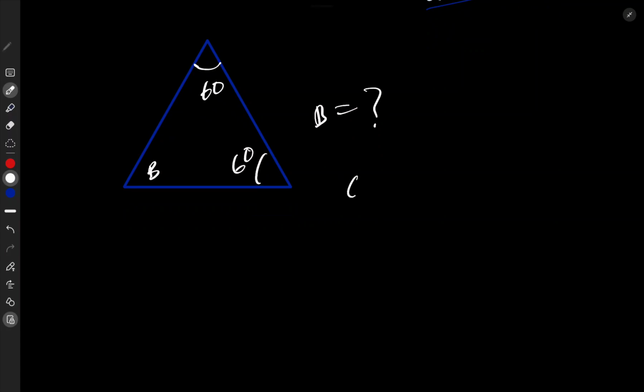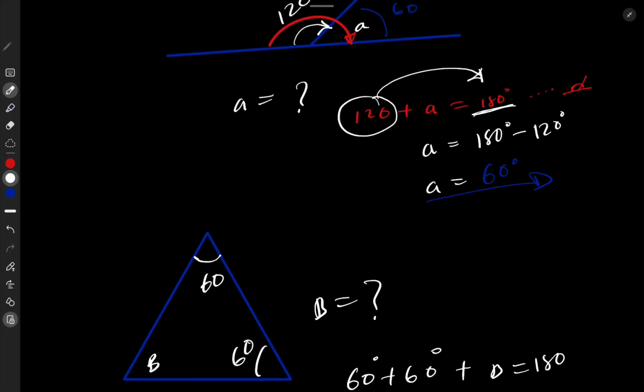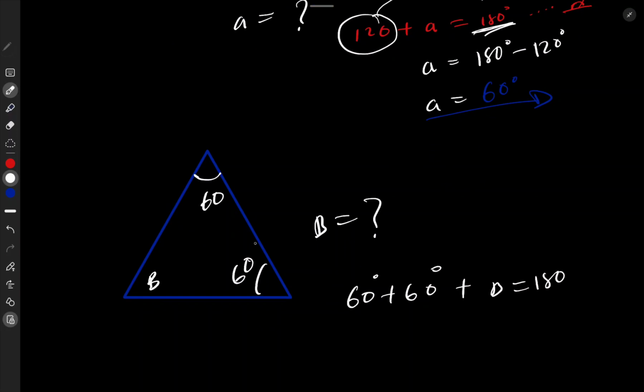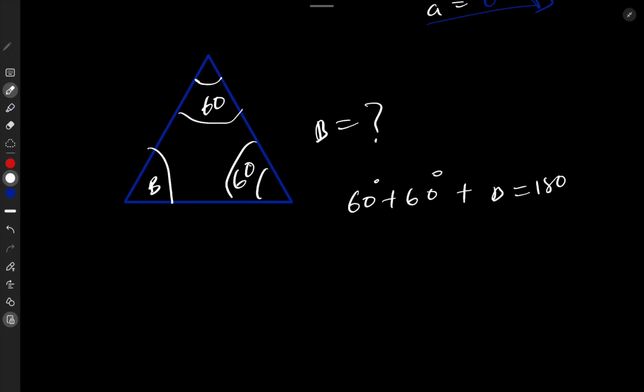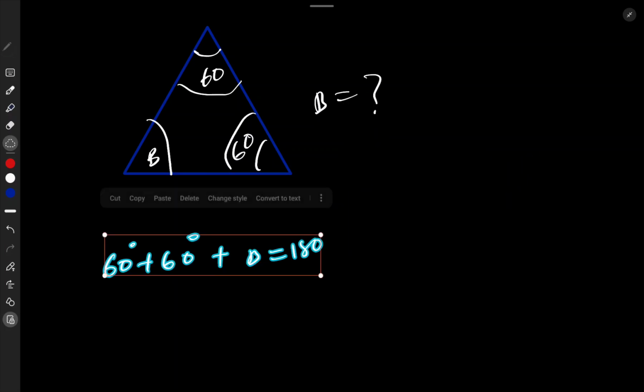You were going to say 60 plus 60 degrees plus B should give me 120. Oh, what a coincidence. That's the same as this one. That means if you add all the angles here, they're going to form a straight line. You're not going to worry about that, but think about it. Okay, and you take this, put it here.